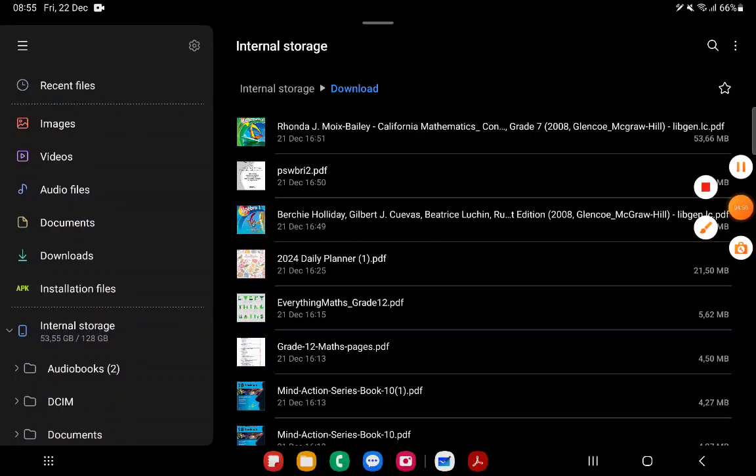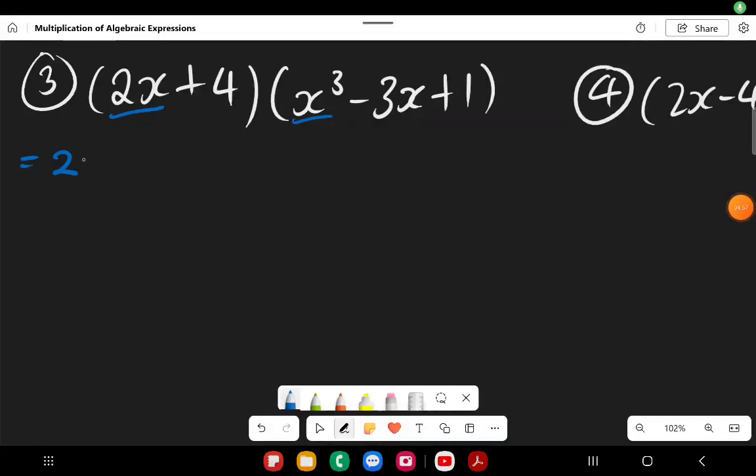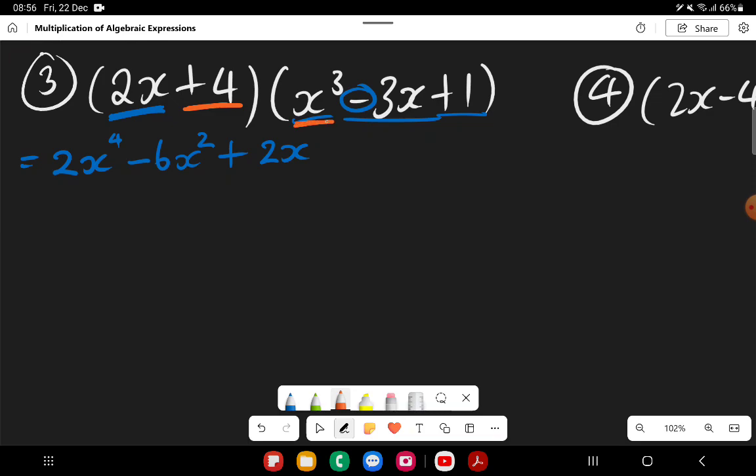So 2x to the 4. 2x times negative 3x squared, plus and minus is minus. 2 times 3 is 6. X times x is x squared. 2x times 1 is 2x. Now 4 times x cubed is going to be positive 4x cubed.